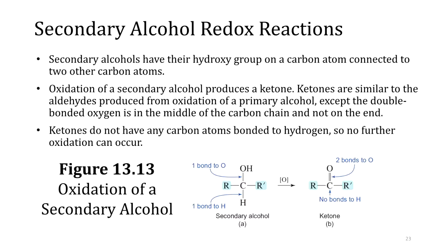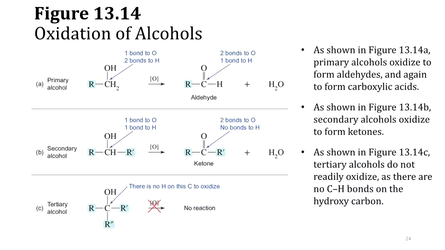And it turns out that ketones are not susceptible to further oxidation like the aldehydes are. You can oxidize ketones, but you can't oxidize them using the same pathway you see with an aldehyde. So there's just a single step process here. The secondary alcohol goes to the ketone.